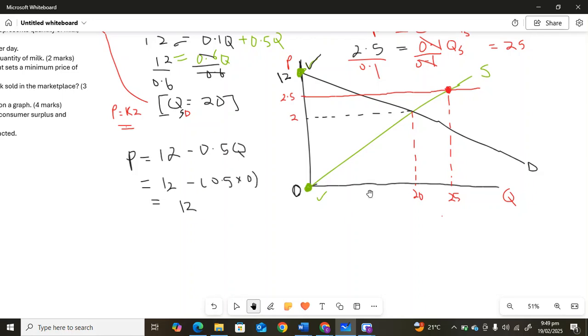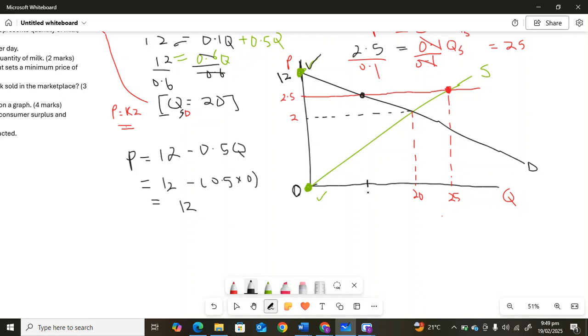One other important figure that we need to get is for when this price floor was enacted. We found how much quantity was supplied. Let's also find out how much quantity is demanded, with this 2.5 when that price floor was enacted.